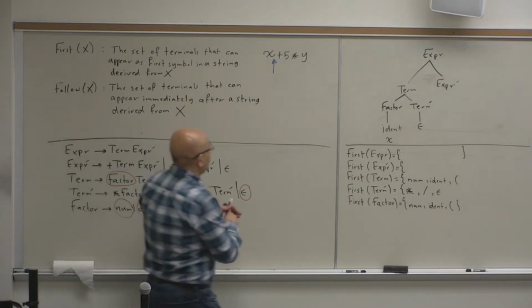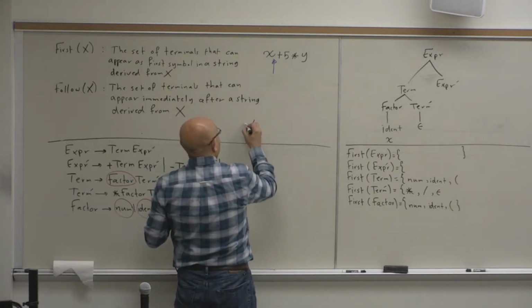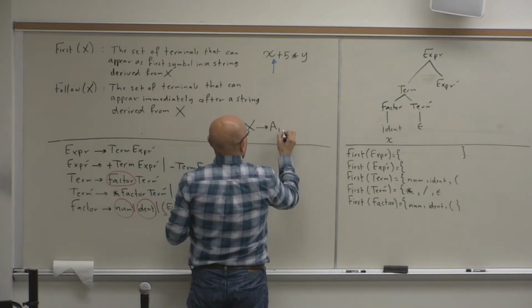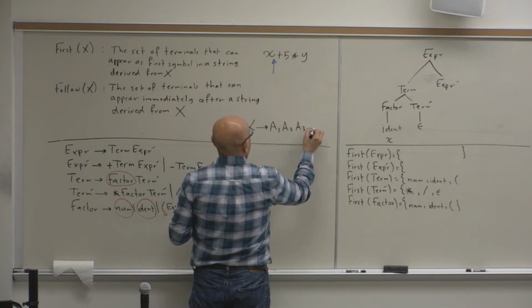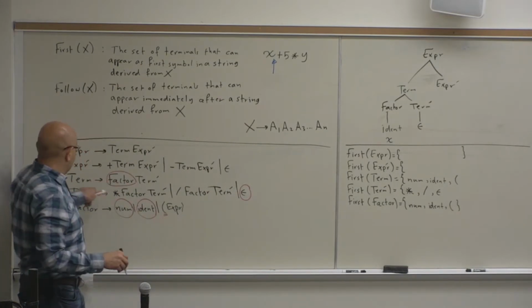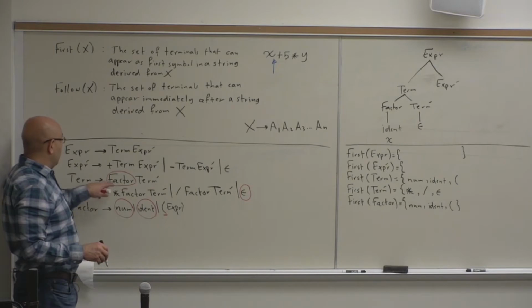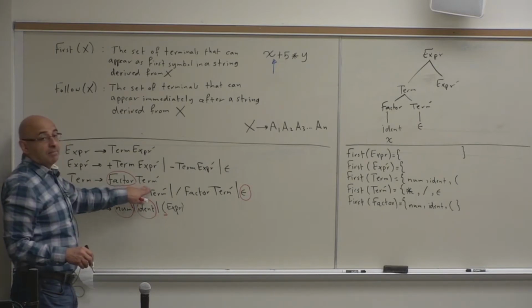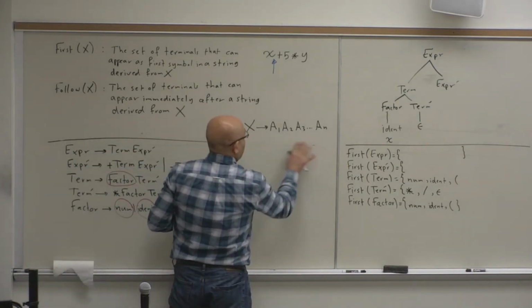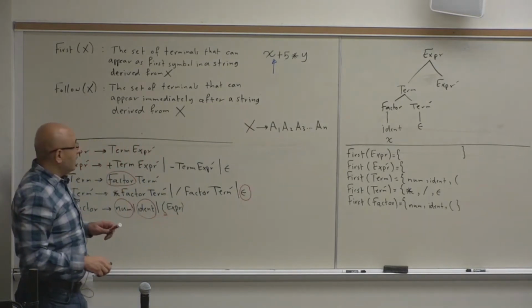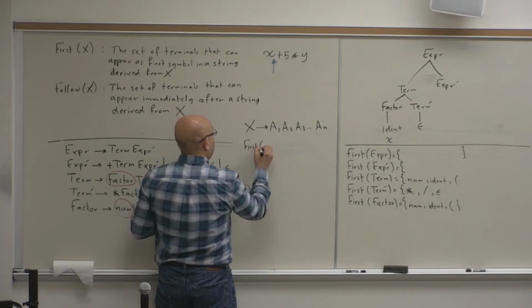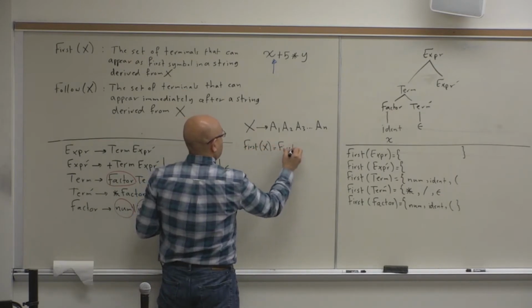let's give an example. So if you have X is A1, A2, A3 through AN, in general. In this example, X is term, A1 is factor, A2 is term prime. But in general, if you have something like this, and you would like to calculate the first set of X, will it be sufficient to say that the first of X equals the first of A1?